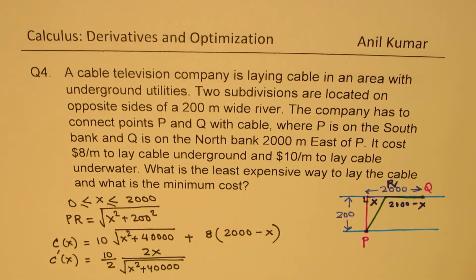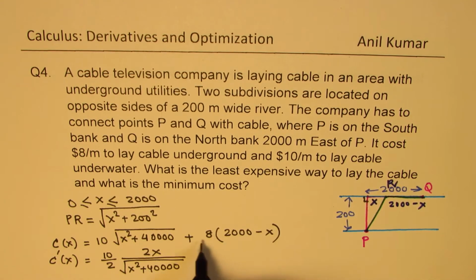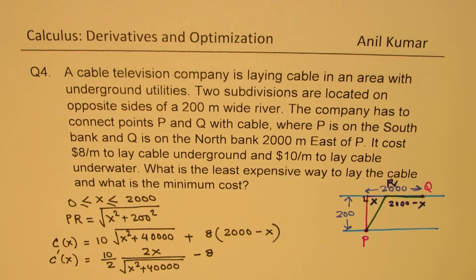And here the derivative of 8 times (2000 minus x) will be minus 8. So that becomes our critical number equation. Equating this to 0, we can find the value of x.